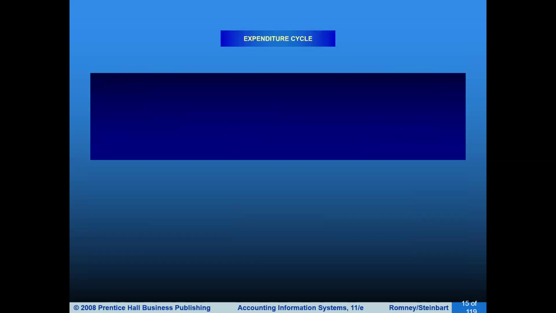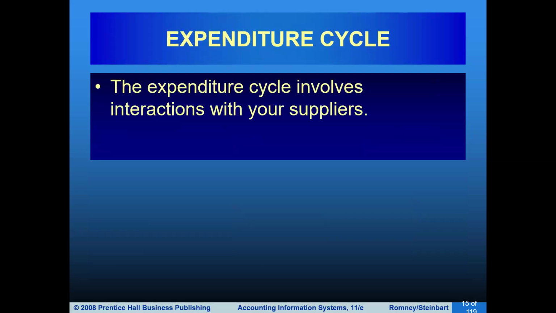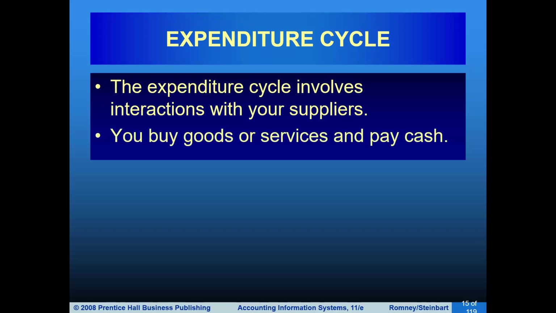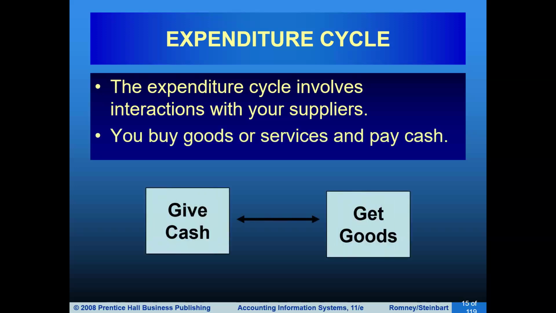Then the expenditure cycle. The expenditure cycle involves interactions with your suppliers. Suppliers are vendors. You have to buy inventories, goods for resale purposes, or maybe raw material you have to purchase from them. You also buy goods or services like electricity and water, and pay cash.